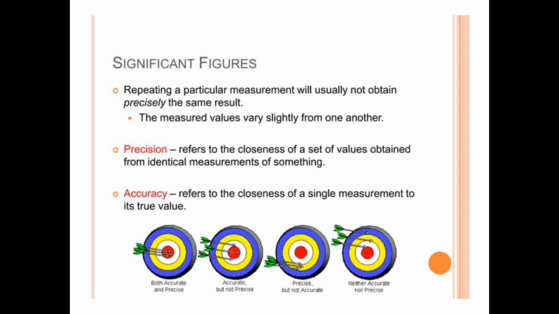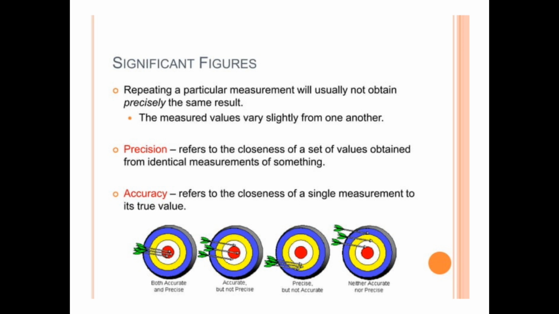Look at this board, the example we gave here. If you check the first one, they are both accurate and precise. Accurate in the sense of closeness to the true value. The center point is where we are targeting, and it hits the center point.